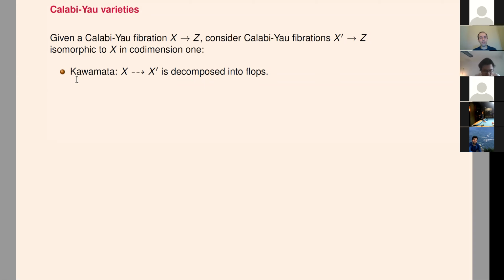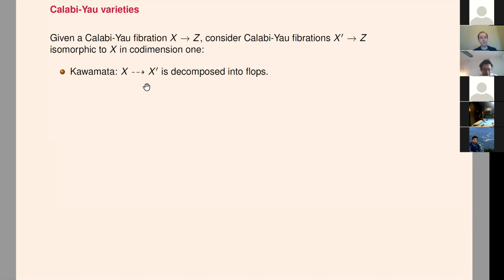And then Kawamata showed that in this case, this birational map from X to X' decomposes into flops. And flops are like friends of flips. So in the case of flips, as I told you, we have this birational map, and minus K is relatively ample, so you have a Fano fibration. But if you replace that minus K ample by K trivial, you get a relative Calabi-Yau in the birational setting, and that is actually a flop.